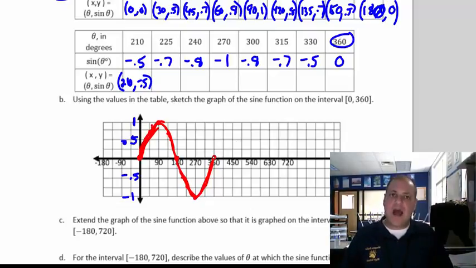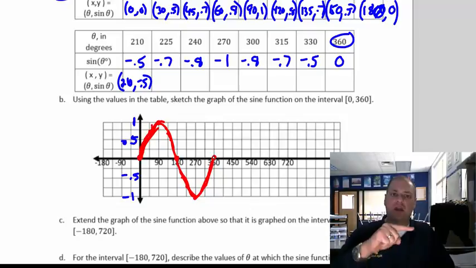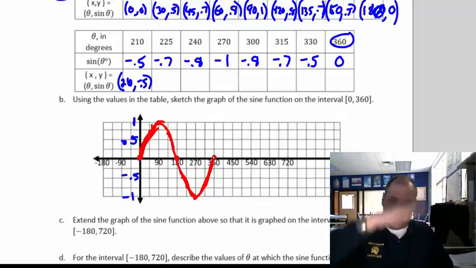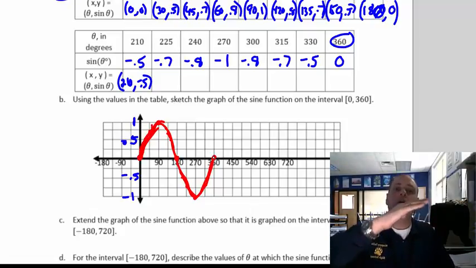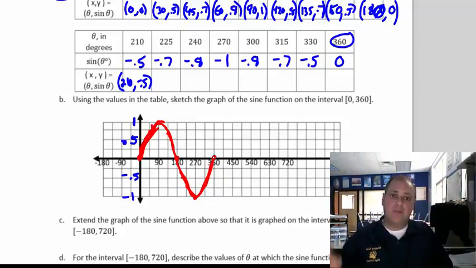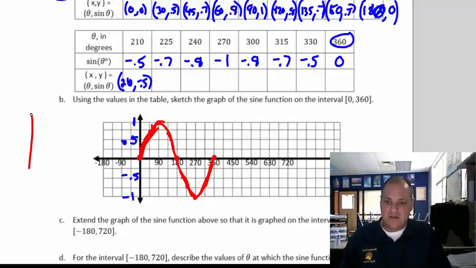Now, we're back to 360. So what's going to happen now? Well, since we're at 360, this is just going to repeat, because after 360, it goes to 390, right? 30-degree reference angle. Then it'll go 405, and it's just going to keep going. Well, 390, let's think about what that is again.